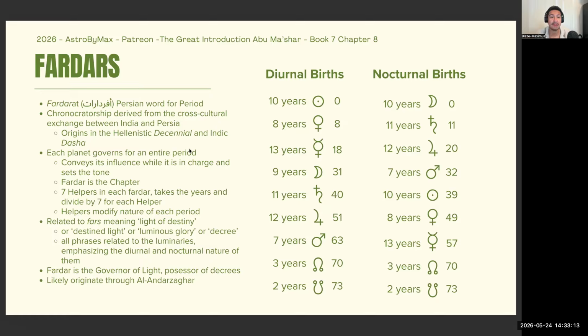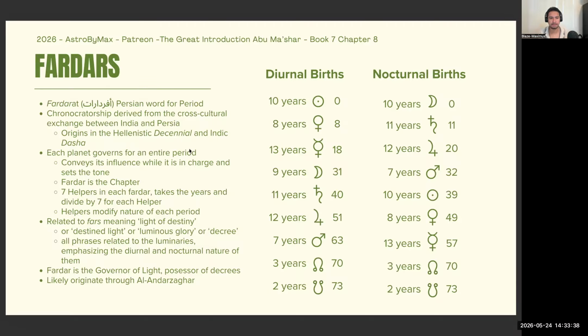They're the same for every person, regardless of your age, regardless of when you're born. Everyone will have the same Fardar, just depending on day or night. The sequence will change here. So if you're born during the day, you'll have 0 to, let's just say, 10. 0 to 10 is ruled by the sun. You'll have 10 to 18, which is ruled by Venus.